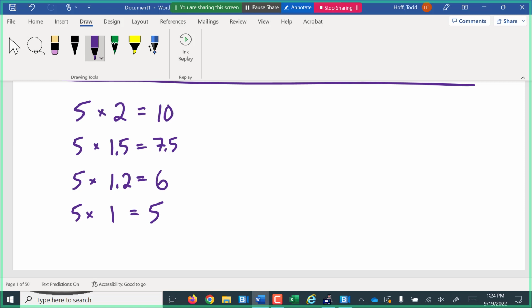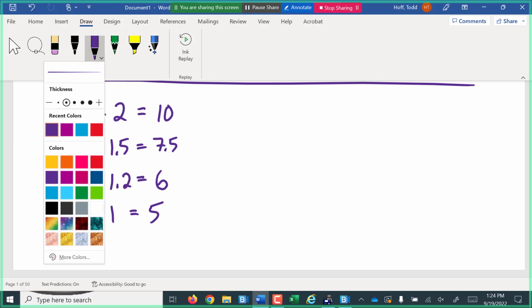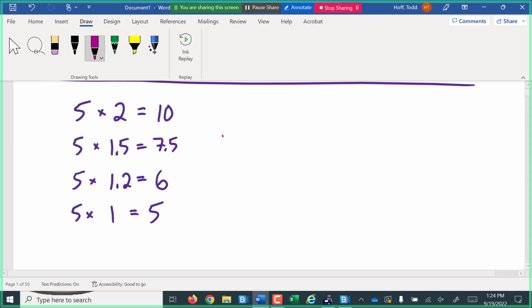And of course, the easy one, 5 times 1 is 5. Now remember, we talked before when we were multiplying integers, negative numbers, about finding patterns because the definition doesn't work anymore. Here, the definition continues to work, but we also find a definite pattern. And the break point in our pattern is right here when we're multiplying by 1.